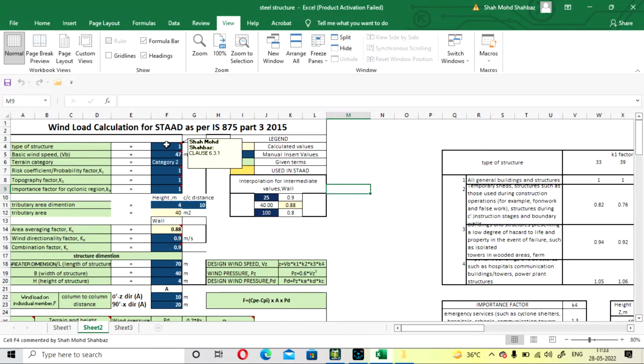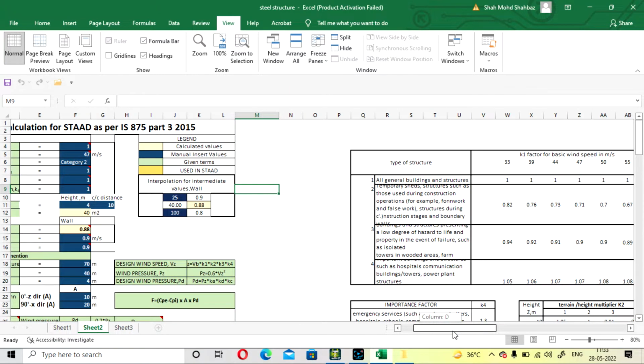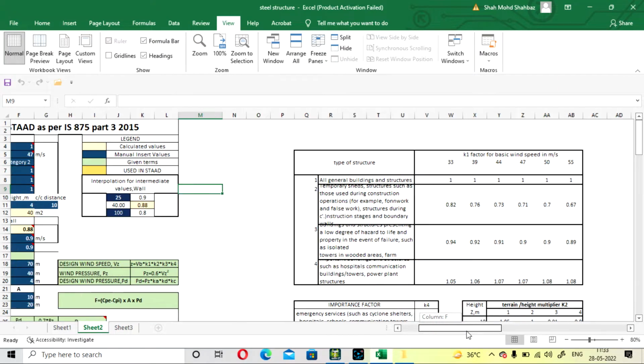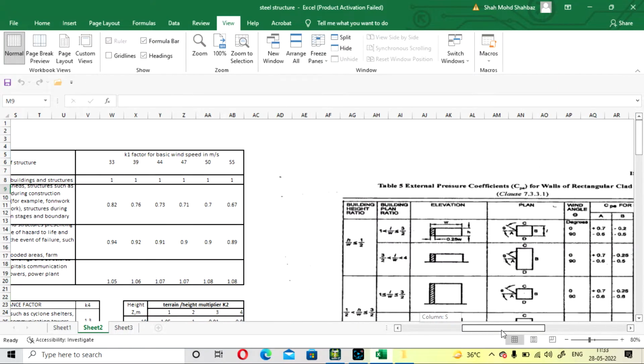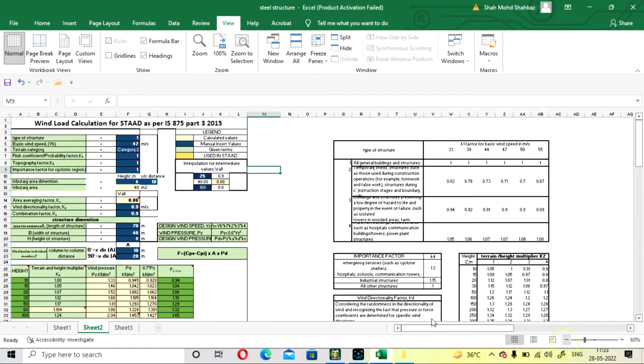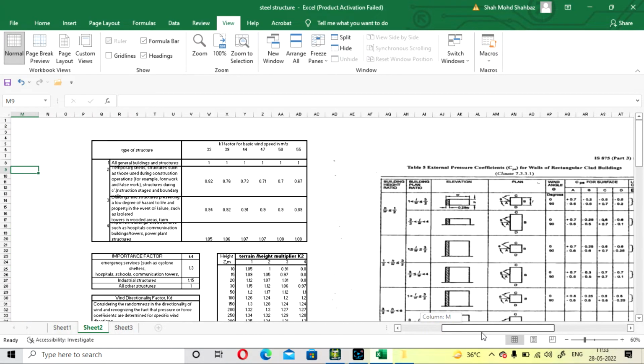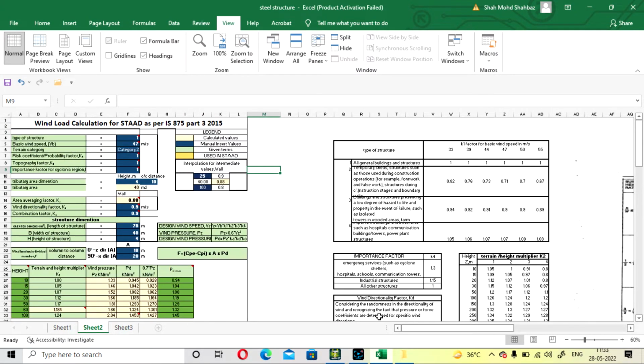So in clause 6.3.1, if you want to use the IS code 875 part 3, that will be okay. I will provide the link in the description, or you can download it from my Telegram channel also. Or we have already inserted the important tables from the code, so you can directly see them from the Excel sheet only.